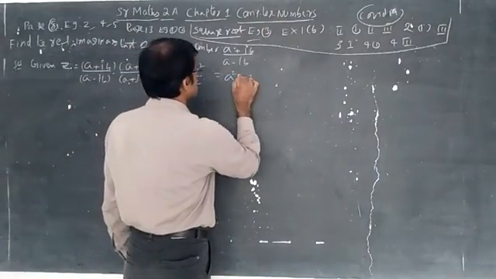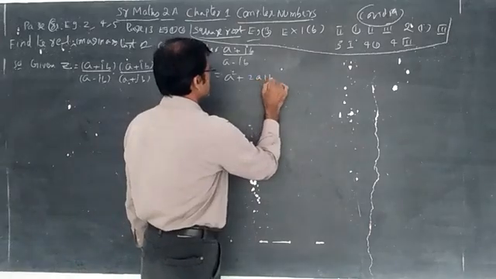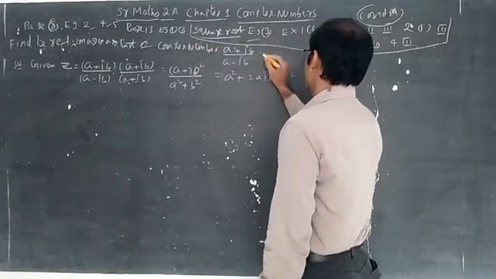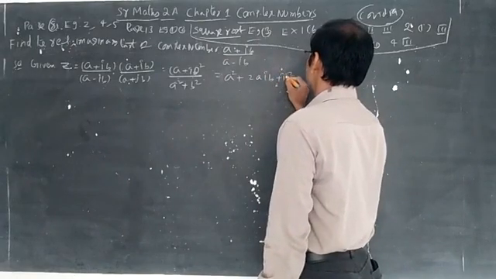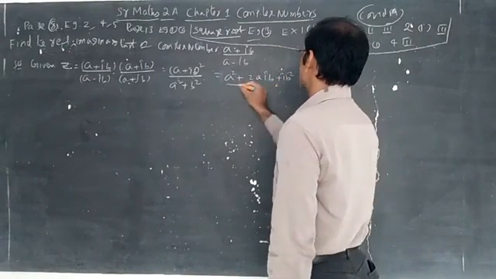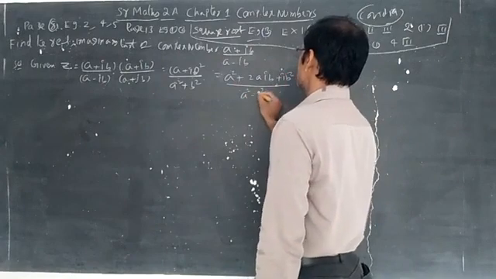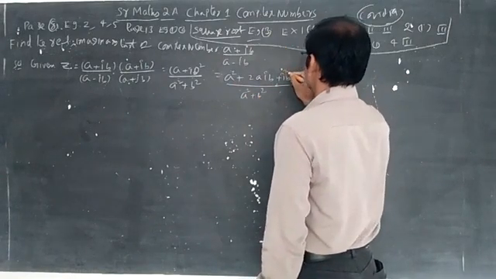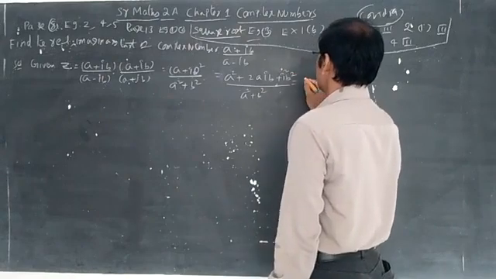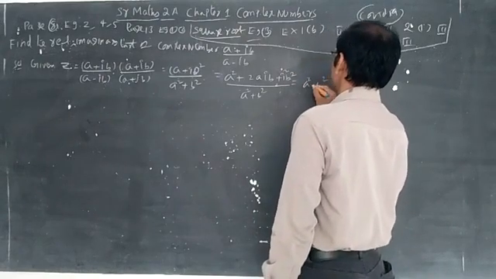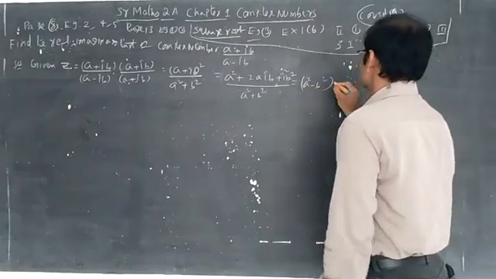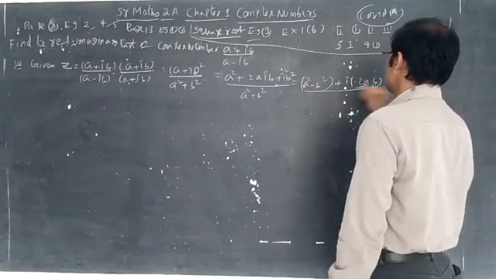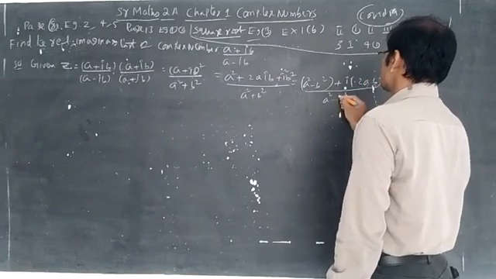Now (a plus ib) whole square, as a square plus 2ab plus b square, we write here a square plus 2aib plus i square b square, by a square plus b square. The i square value is minus 1, so you can write here a square minus b square plus i into 2ab, by a square plus b square.